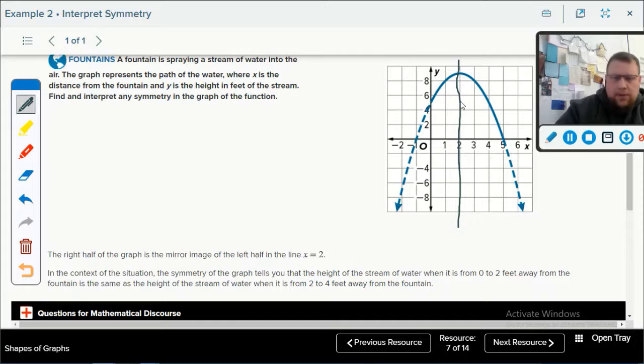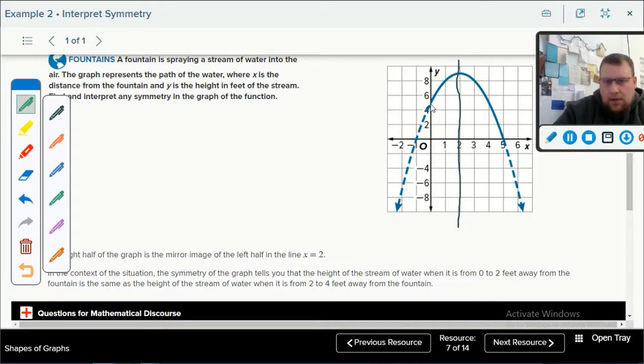And here's what else I see. The stream starts about right here, at a height of almost 5. And that's exactly 2 feet away, from 0 to 2. If I travel the same distance over here, in another 2 feet, or 2 whatever unit we're using, the height is going to be the same.